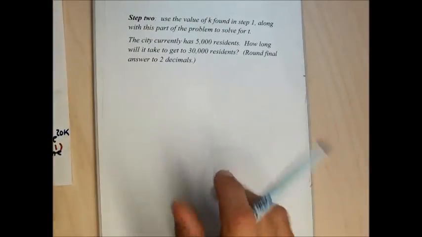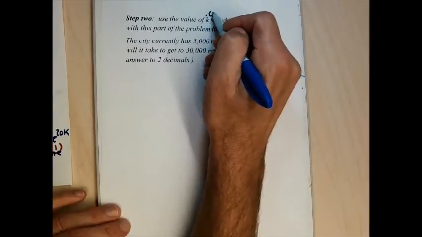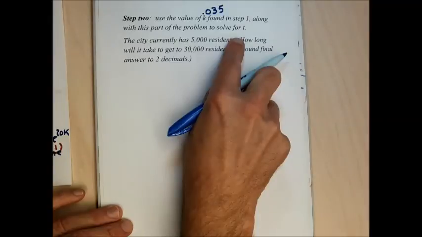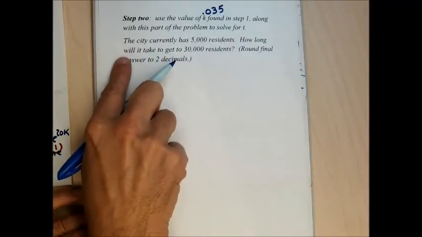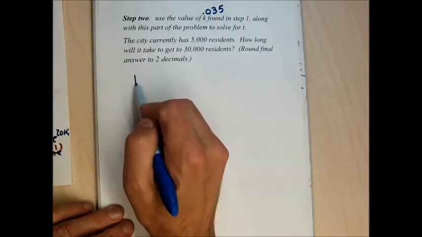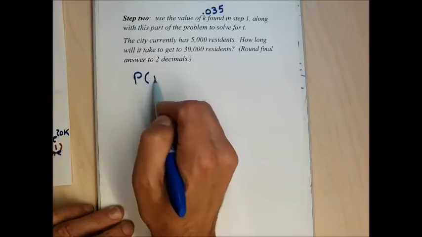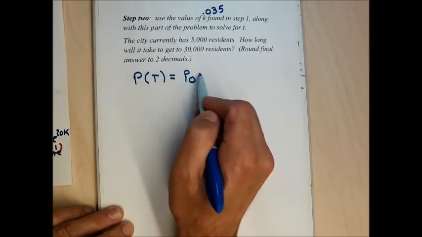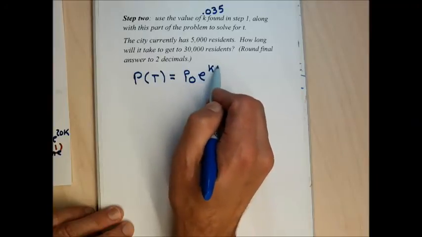I'm going to use the value of k found in step 1, which is 0.035, along with the second and the last sentence of the problem. So the city currently has 5,000 residents. How long will it take to get to 30,000 residents? I'm going to use the same formula.